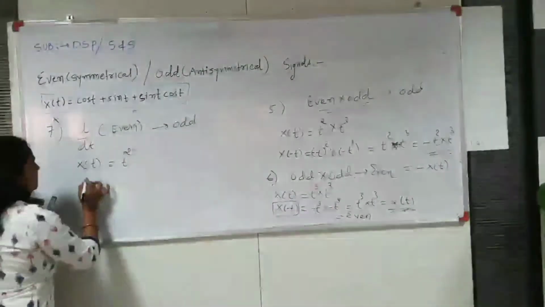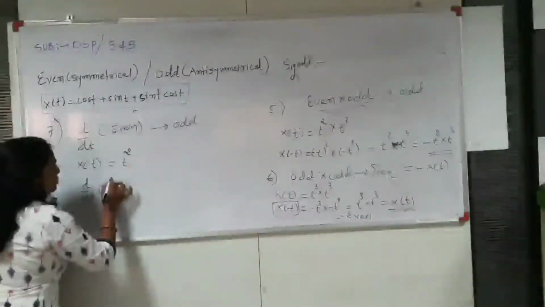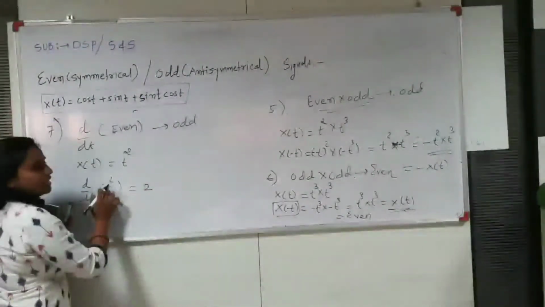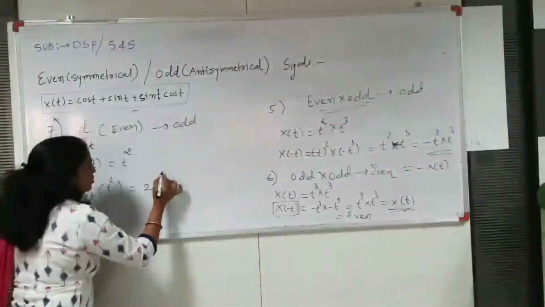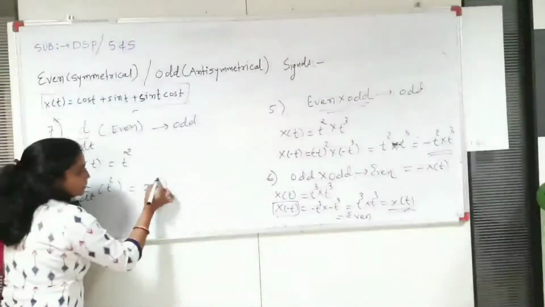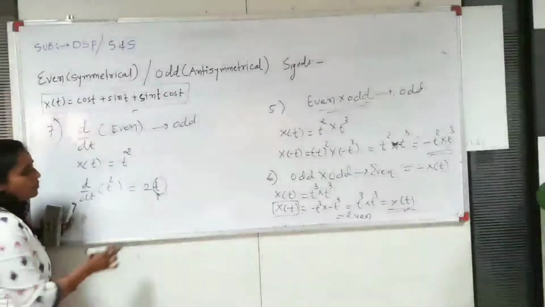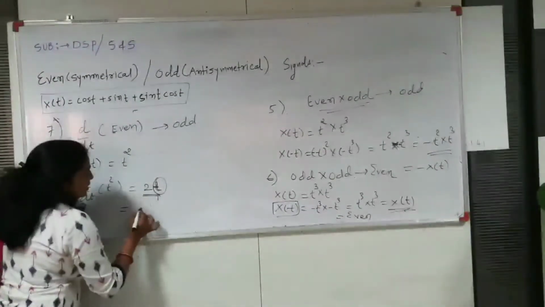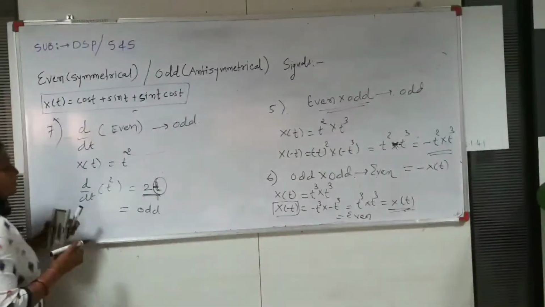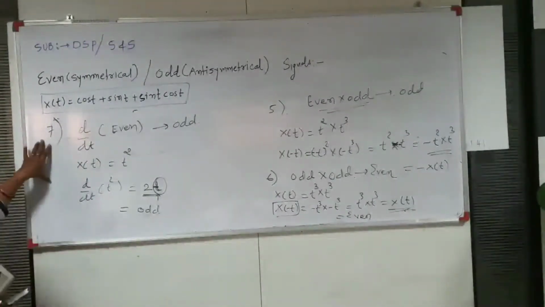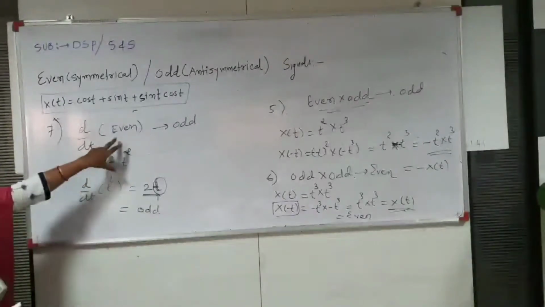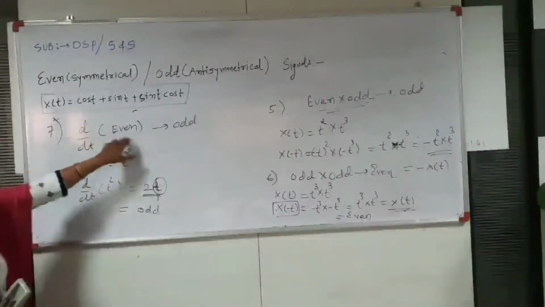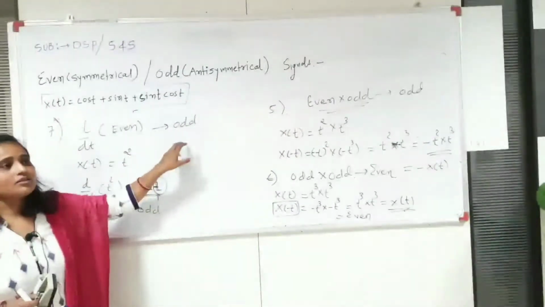Finding the derivative of this even signal, as we know the derivative of t to the n is n into t raised to n minus 1, so it's 2t. Now this is an odd function, because t is an odd function. So my answer is it's an odd signal. This is a very important property: whenever we find the derivative of an even signal, the answer is an odd signal.